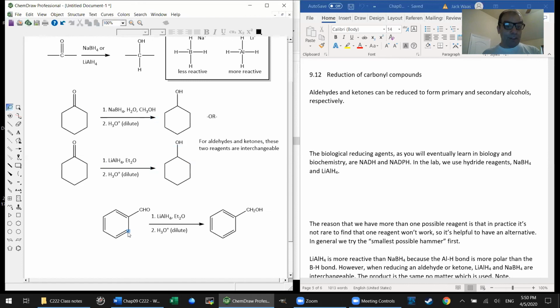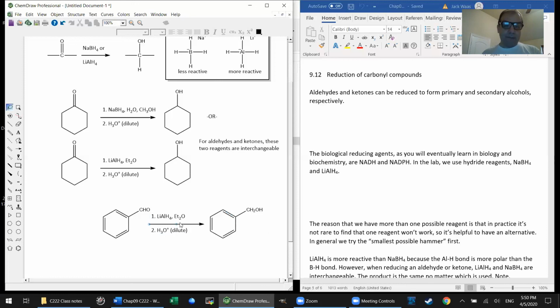Likewise, if we started with an aldehyde, such as benzaldehyde, I'm just using benzaldehyde as an example, LAH and diethyl ether, followed by an aqueous or acetic acid, a dilute acid workup, will give you the corresponding primary alcohol, in this case, benzyl alcohol.